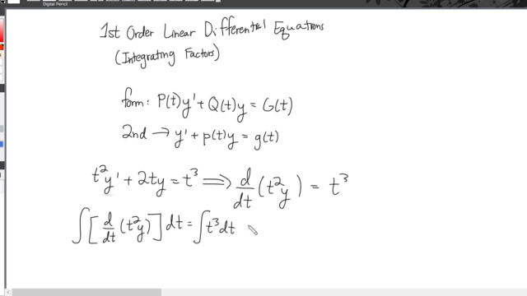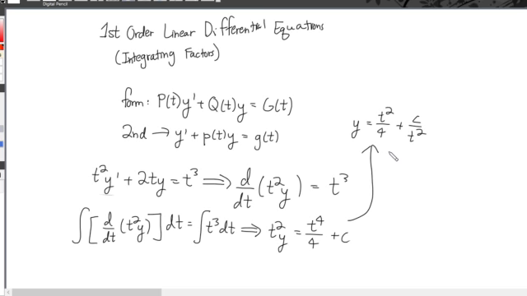And if we integrate, we just have t squared times y is equal to t to the power of 4 over 4 plus C, which means then that y, dividing both sides by t squared, is equal to t squared over 4 plus C over t squared.